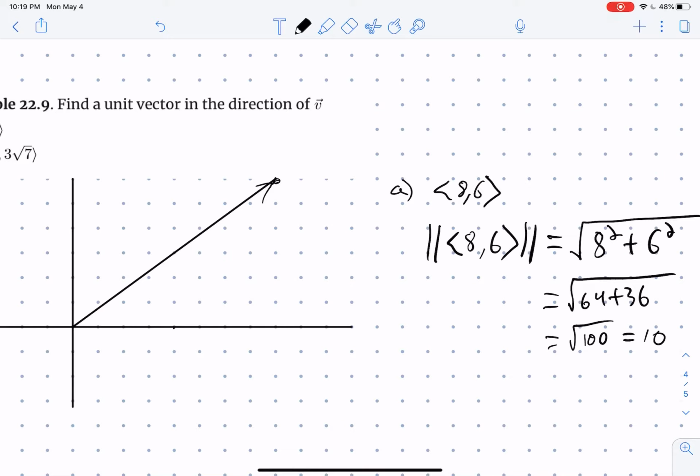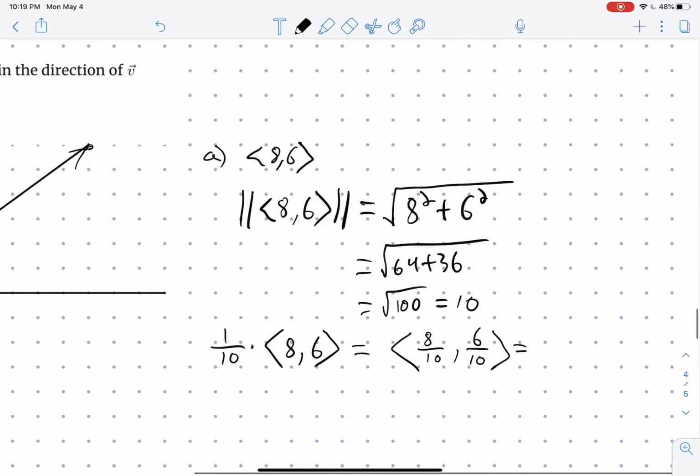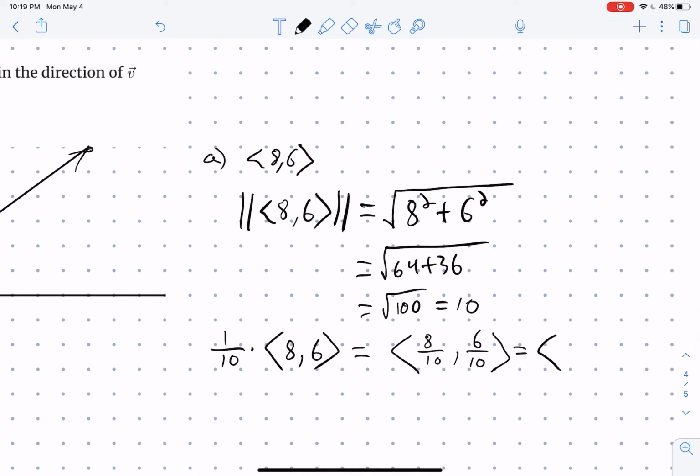Here we want to shrink it down by a factor of 10, so we multiply 1/10 times 8, 6. This is 8 times a tenth, which is 8 over 10, and 6 times a tenth, which is 6 over 10. Of course we can simplify those a little bit, canceling 2's out of the top and bottom, and we get the vector 4/5, 3/5.